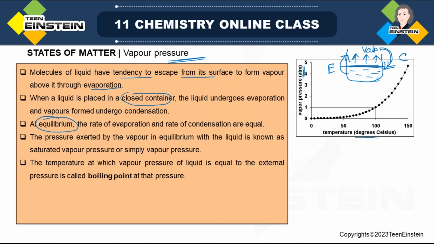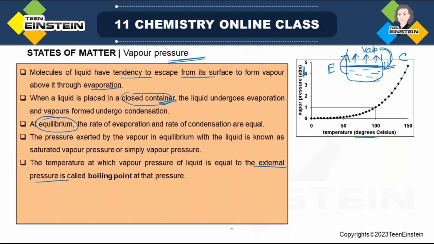Now there is a particular temperature at which the vapor pressure of a liquid can be equal to the external pressure. Until now we have said it is a closed container, but suppose it is not closed. Now one point will be reached when the external pressure of the environment and the vapor pressure of this liquid will be equal.